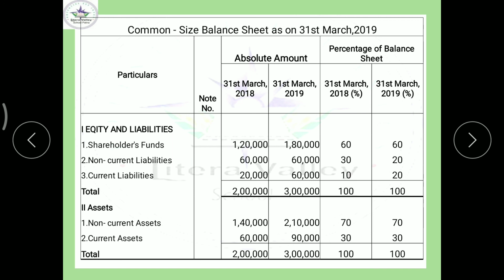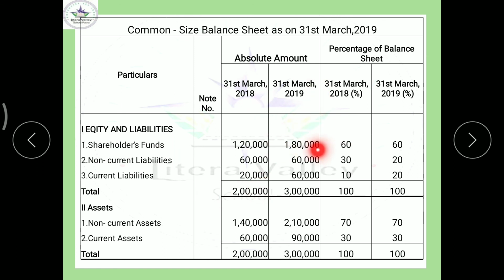Means each component of the liability side will be compared with the total of the liability side, and you have to write it in the percent column. You can also see there are two percent columns for the two years. So what I told you, each component of the balance sheet will be compared with the total of the balance sheet, and you have to write the percent.